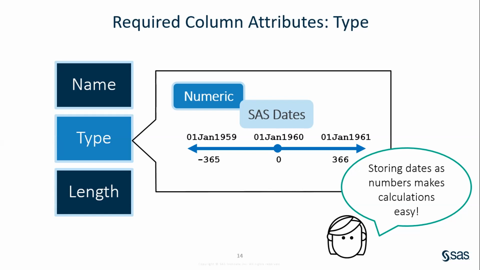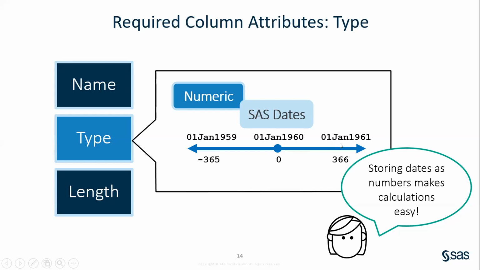And how does it calculate those number of days? By calculating from 1st Jan 1960 as the 0 day till the specified date. Now in this example, 1st Jan 1960 is the 0 day. If you give 1st Jan 1961, the next year's first date, it gives you 366 days.